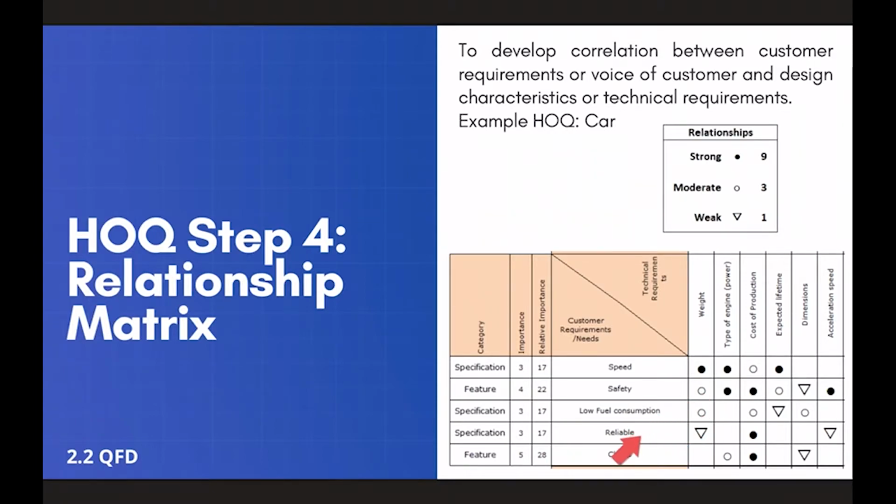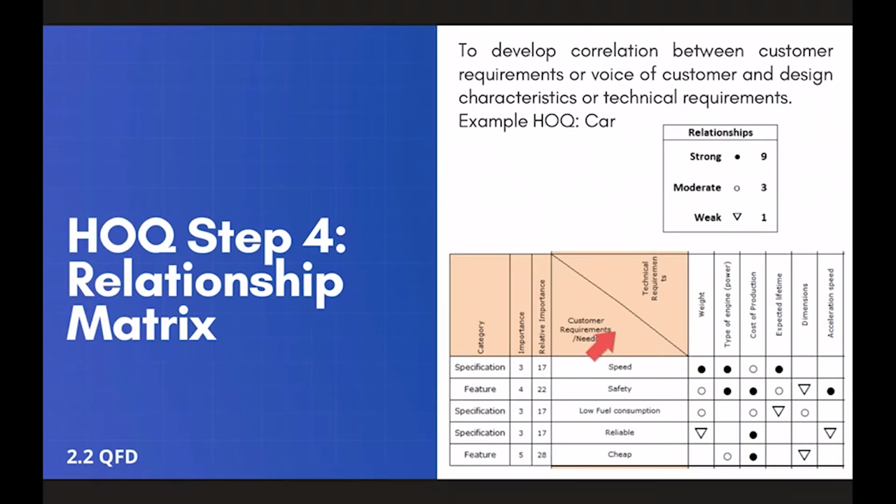And then in terms of reliable, if we have reduced the weight of the car, maybe the reliable is not achieved, so it gives triangle here. So this is how you make a relationship between the technical requirement to the customer requirement.